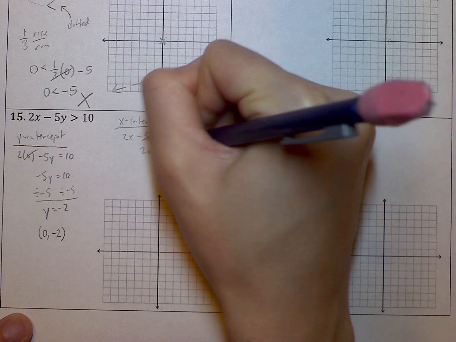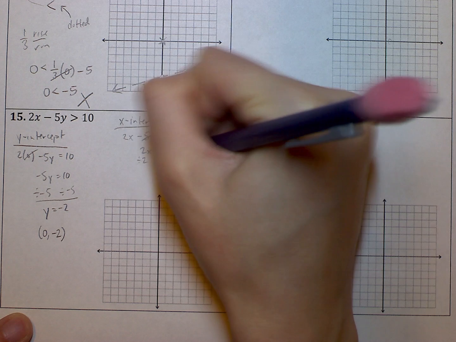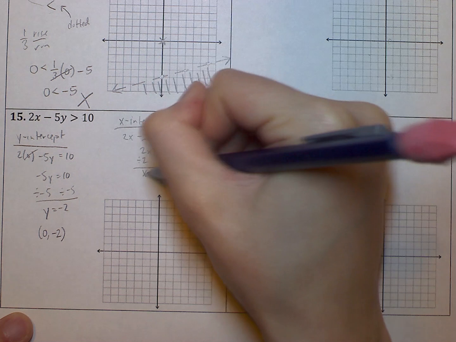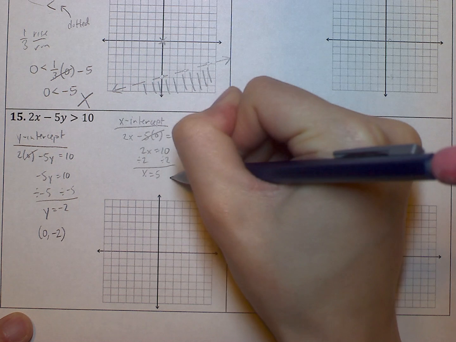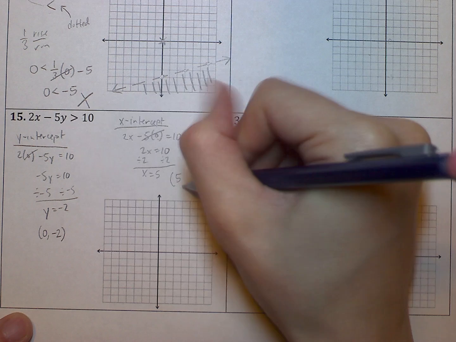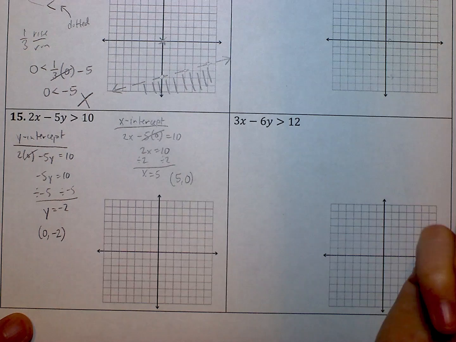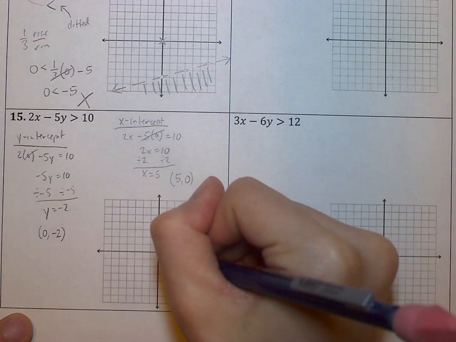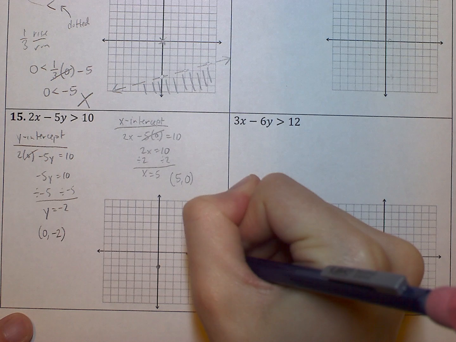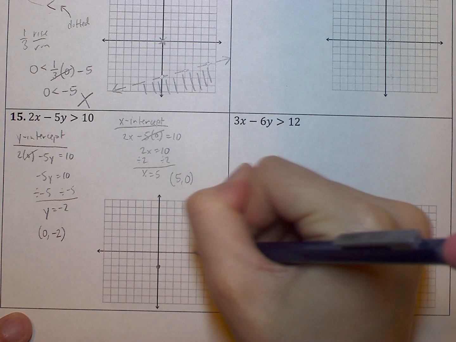So I get 2x equals 10, and I divide by 2 on both sides. I get x equals 5, so that means the x-coordinate is 5. When the y-coordinate, look, I plugged in 0 for y, is 0. So when I plot these 2 points, 0, negative 2 is here. 5, 0 is here.